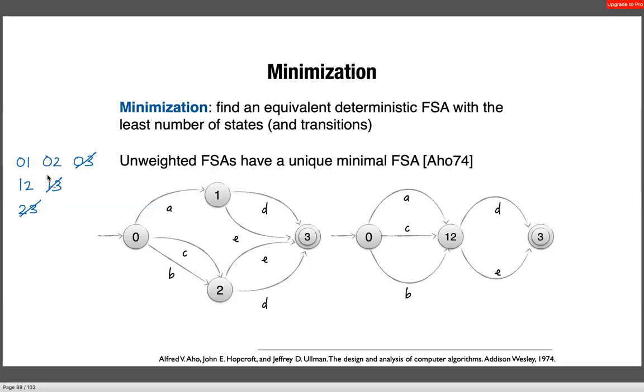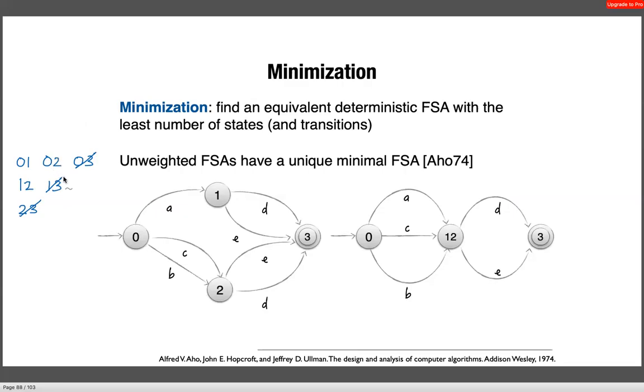If I consider 0,2, then from 0, I look at where I move to on seeing the symbol a, and from 0 you move to 1. From 2, there is no transition with a, so assume that this doesn't exist. What you're going to look at is whether the resulting pair of states that you reach is already marked; if it is, then you mark this current unmarked pair that you are considering.